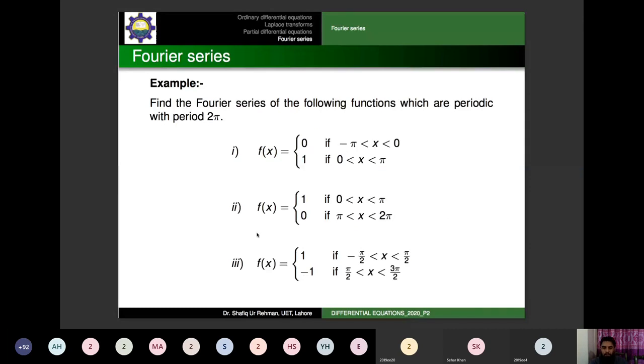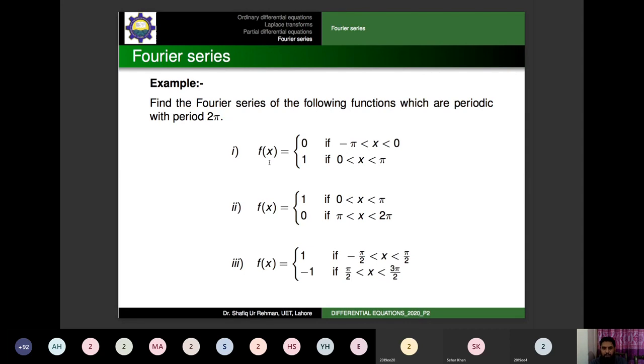We took a few examples to be solved in the last lecture. Find the Fourier series of the following functions which are periodic with period 2 pi. How do we observe the period? We have two types of representation of f of x: one is the geometrical representation, the graph, and the other one is the mathematical formulation.